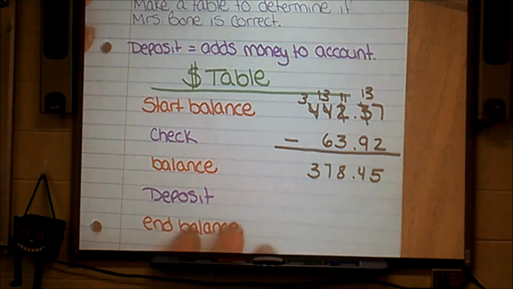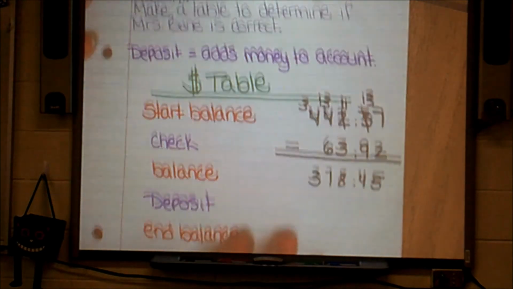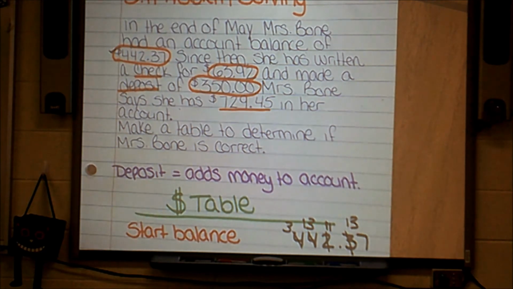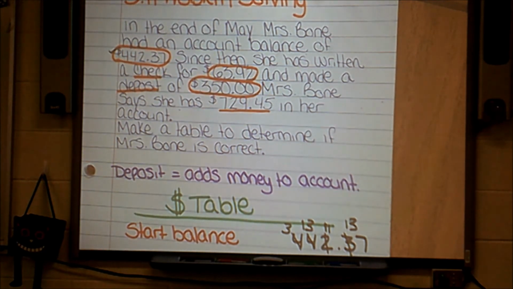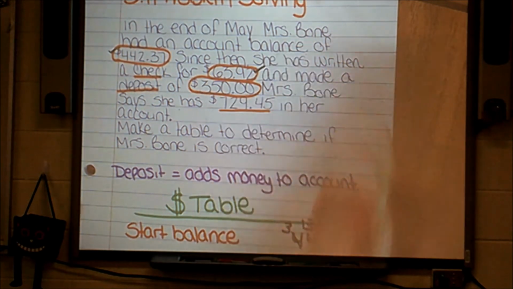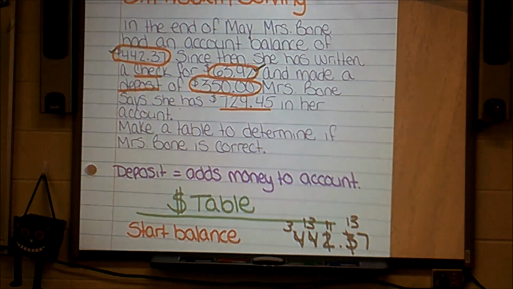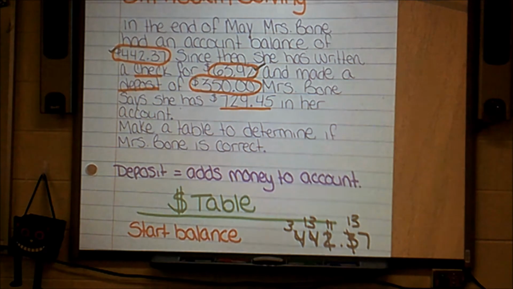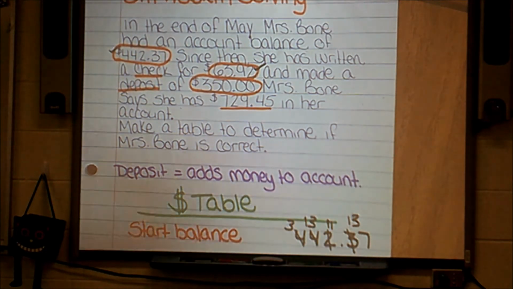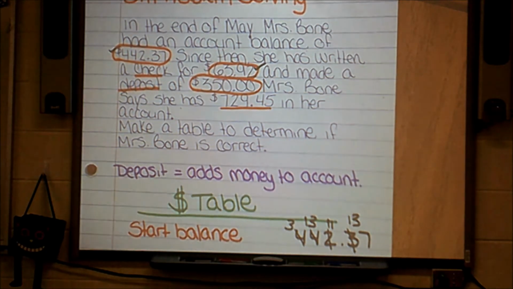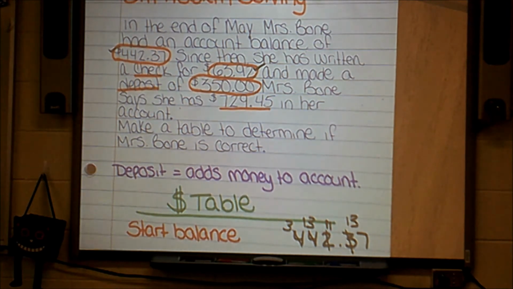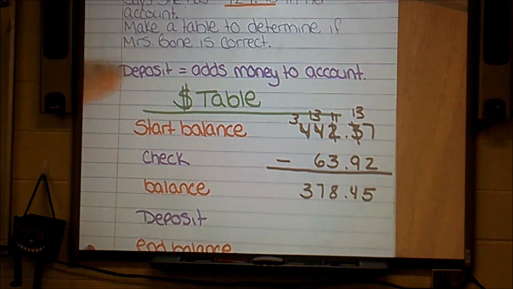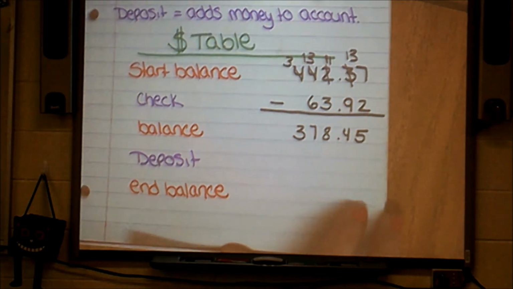Going back to my story problem, I know that she had a deposit that she made. According to the story problem, she made a deposit, adding money to her account, for $350.00. So again, making a deposit is adding money to my account.